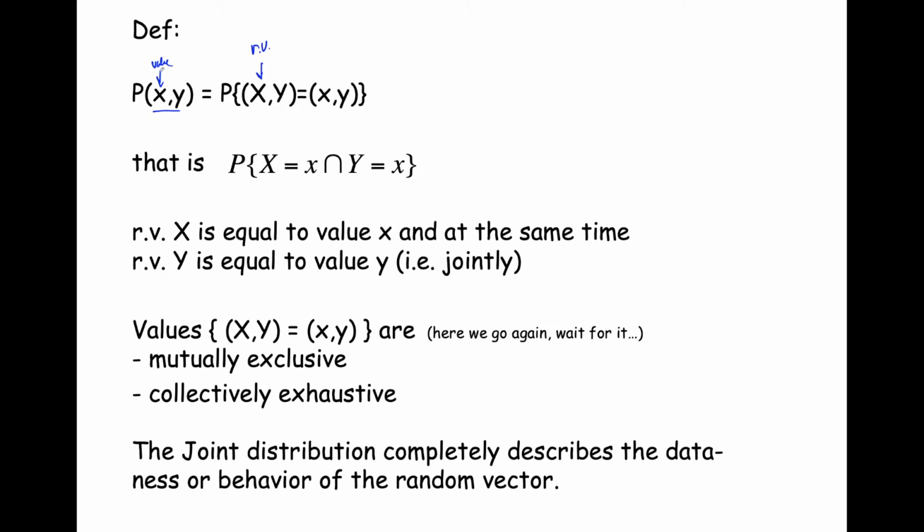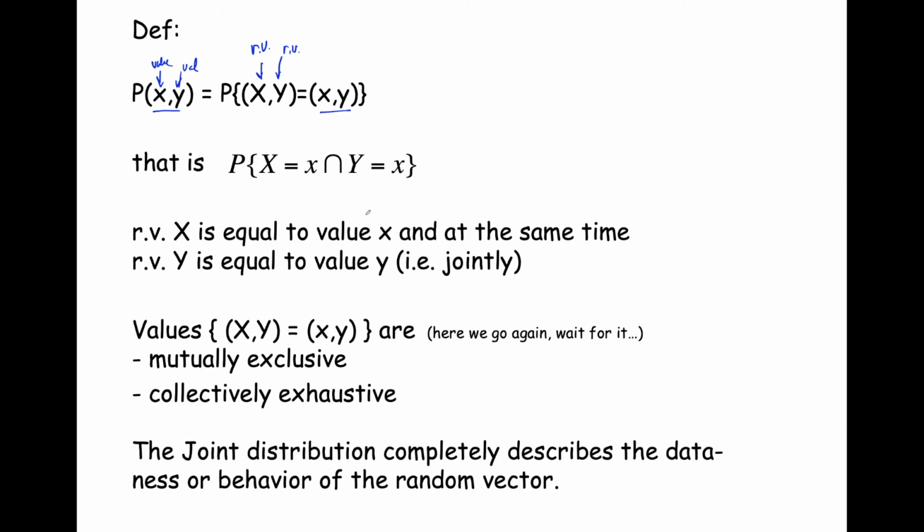So the probability that value x is taken on by random variable big X and value little y is taken on by random variable big Y, that probability of these values taken on by the random vector big X comma big Y is equal to xy. So when we say P of xy, that's the probability that random variables x and y take on respectively values x and y.